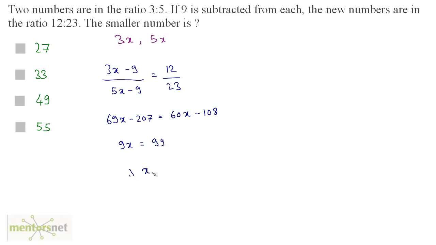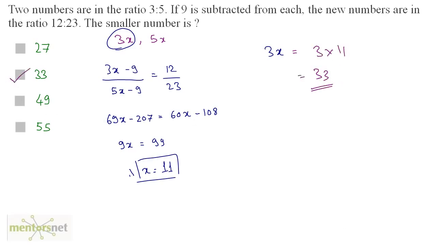Therefore x is equal to 99 by 9, which is 11. So we found the common factor between those two numbers. We want the smaller number, so 3x is equal to 3 times 11, and that is 33. So the smaller number is 33. So option B is the correct answer.